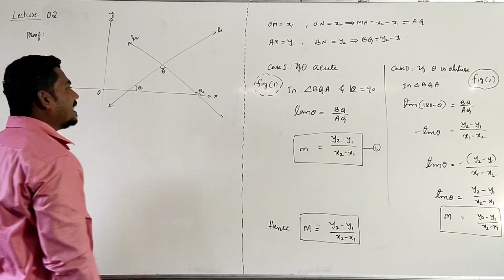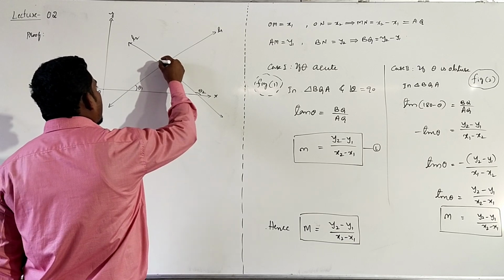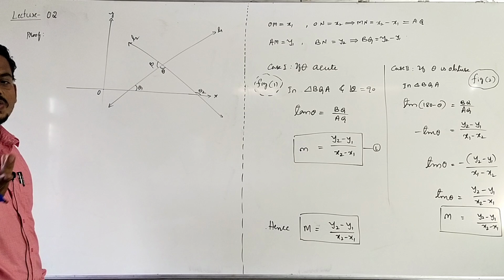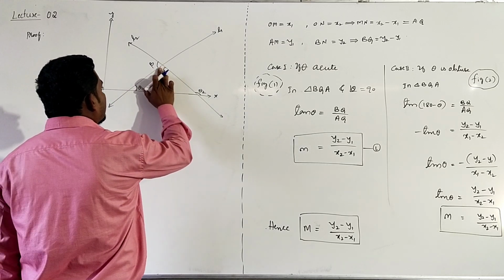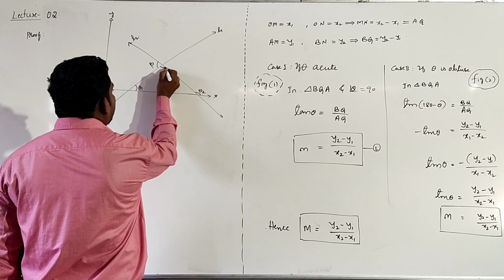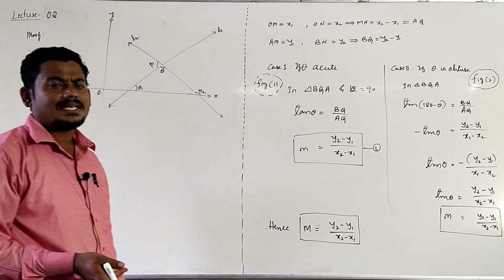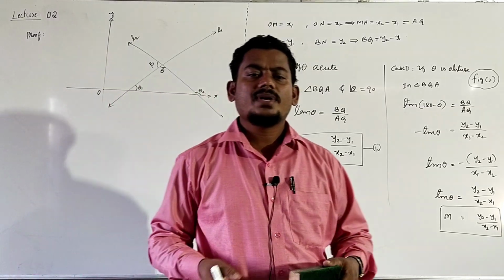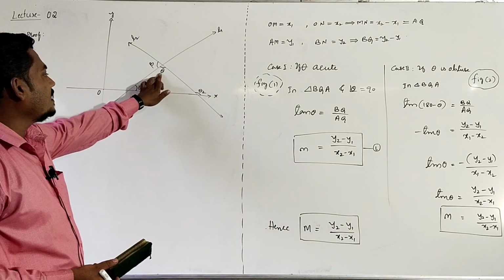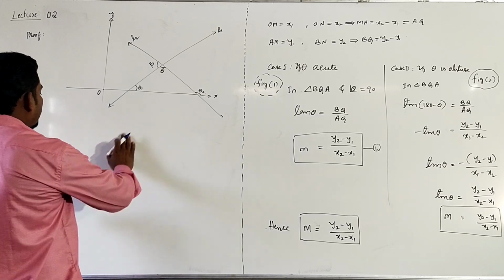Theta is the angle between two straight lines, and this is also the angle between L1 and L2. Between two straight lines there exist two angles, one is theta and the other one is beta, or else you can take alpha, beta or A, B or any name, right. In this case I will take theta and beta as the angles between two straight lines, right.